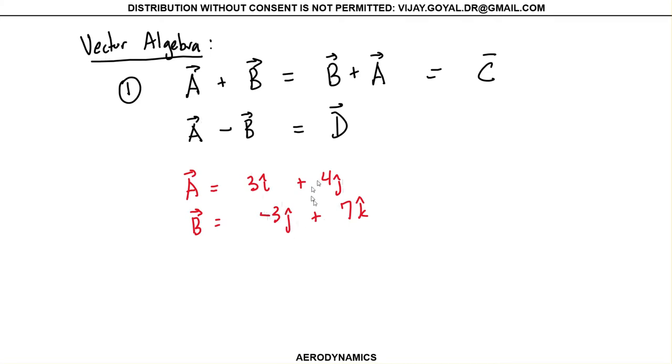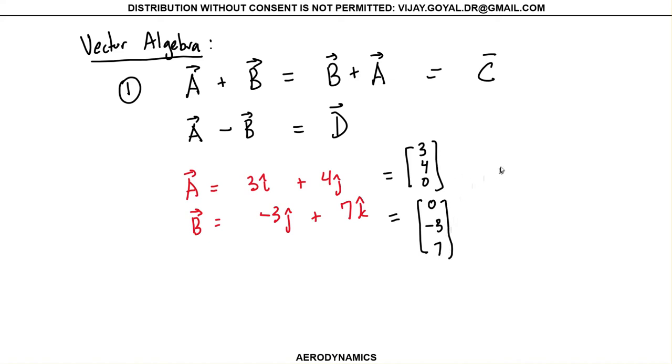First, I can just add all the components. I like to write them as 3, 4, 0, because I don't have a k. And for B, I don't have an i, so it's a 0. This is minus 3, this is 7.